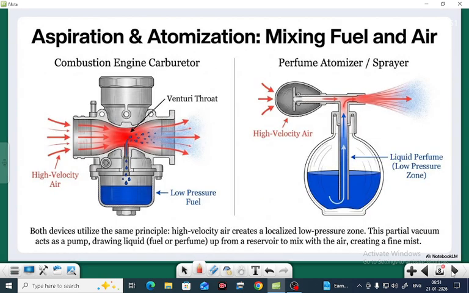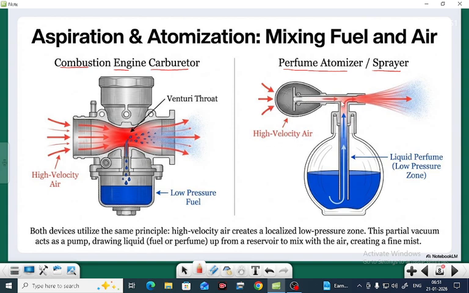Aspirations and atomization, mixing fuel and air. This is a combustion engine carburetor. This is a perfume atomizer or sprayer. First we are dealing with this one. You see the high velocity here.